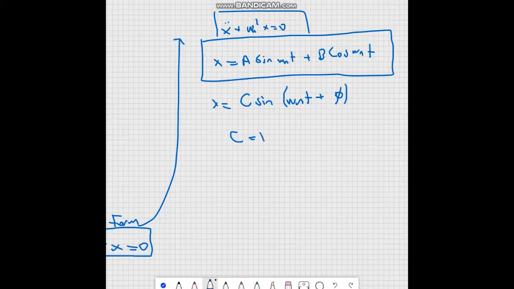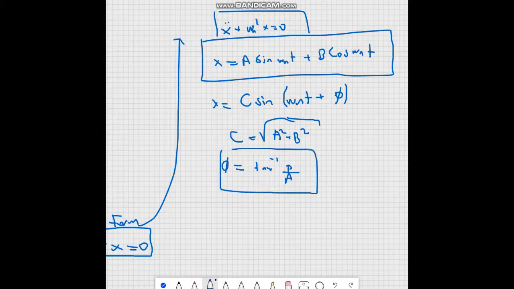is equal to the square root of a squared plus b squared, and phi, our phase angle, is arctangent of b over a. B over a gives us the phase angle, and the constant c is the square root of a squared plus b squared.